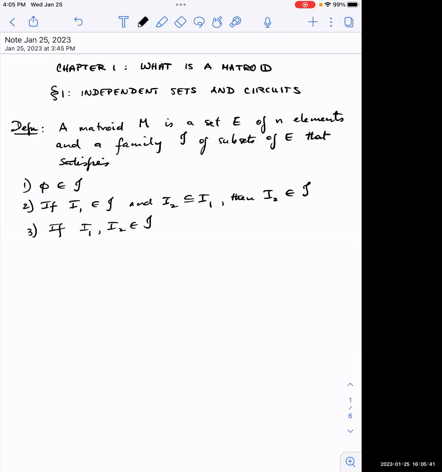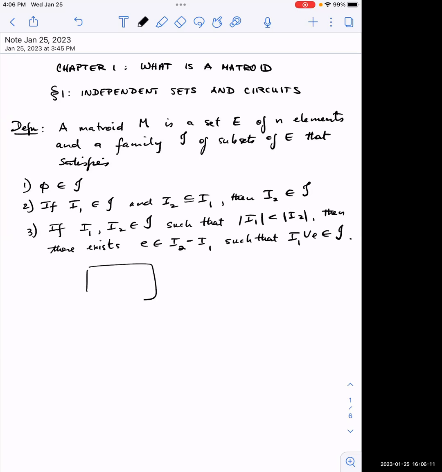If I1 and I2 are members of I such that the size of I1 is less than the size of I2, then there is an element e in I2 minus I1 such that I1 union e is in I.